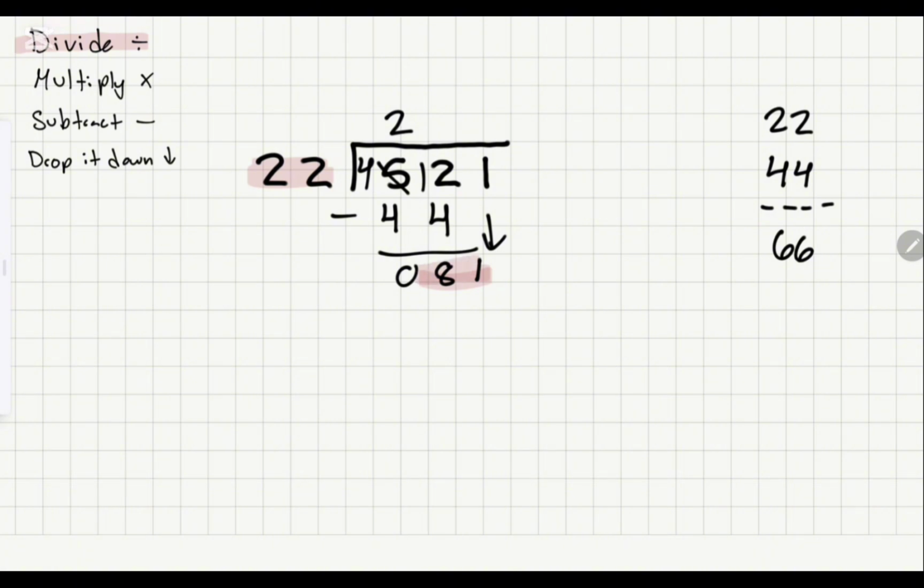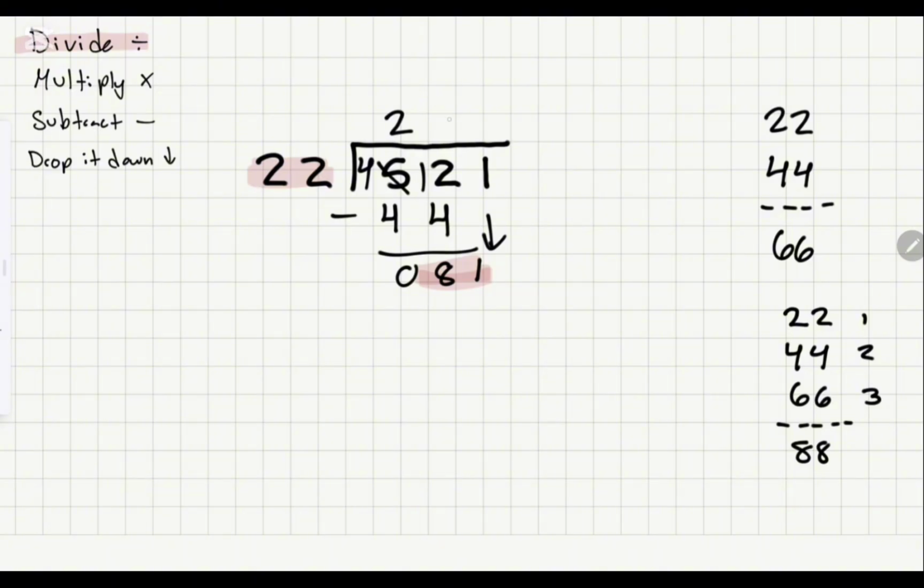So how many times can 22 fit into 81 without going over it? So we'll have 22, then 44, then 66, and then we would have 88, but that's over 81. So I know that it can fit into 81 1, 2, 3 times.